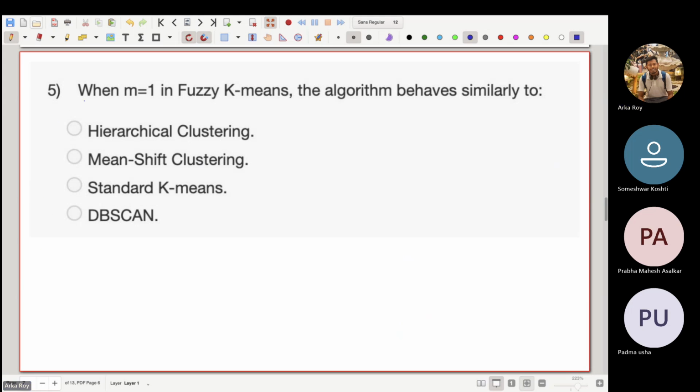Okay. When m equals 1 in fuzzy k-means, the algorithm behaves similarly too. In the vanilla version of k-means clustering, you have a pool of data and you start with an initial assumption that the centroids have been given, or you randomly initialize the centroids through the point distribution.